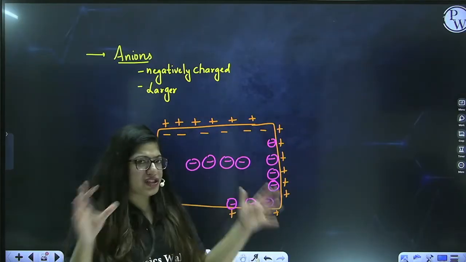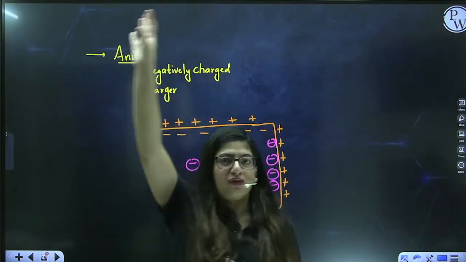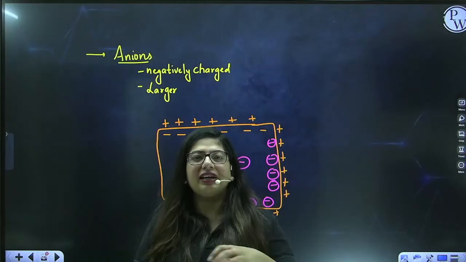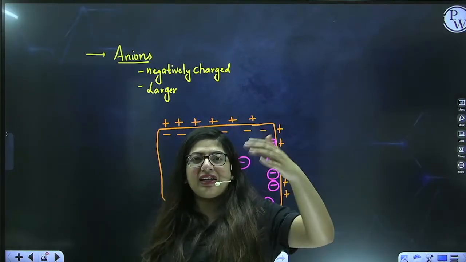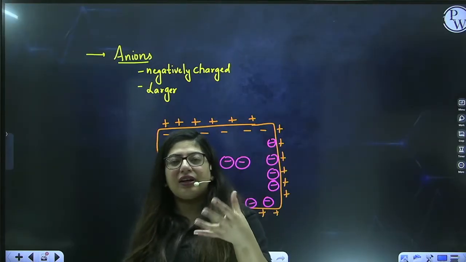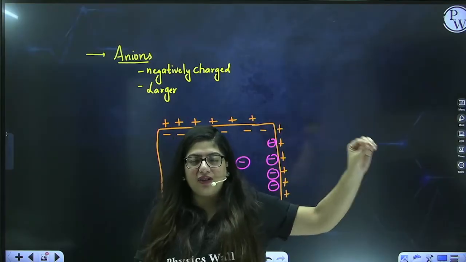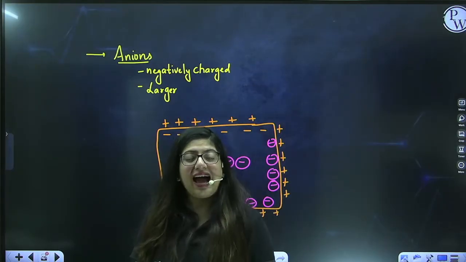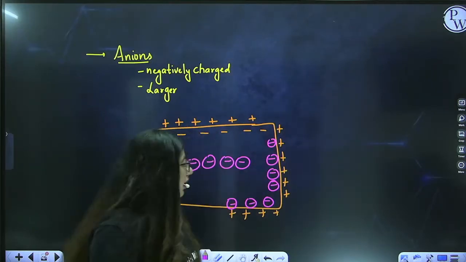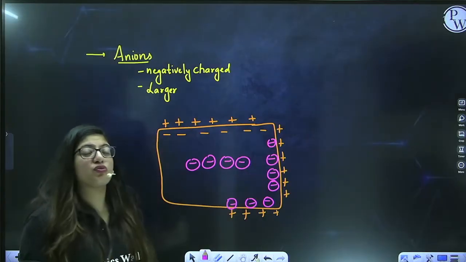For example, if you're sitting in a room and I give magnetic charge to the entire walls, and you put some iron thing inside, when the walls are converted into a magnet, that iron thing will get attracted toward the wall. Just like that, when the positive charge accumulates outside, the anions will move towards the membrane.